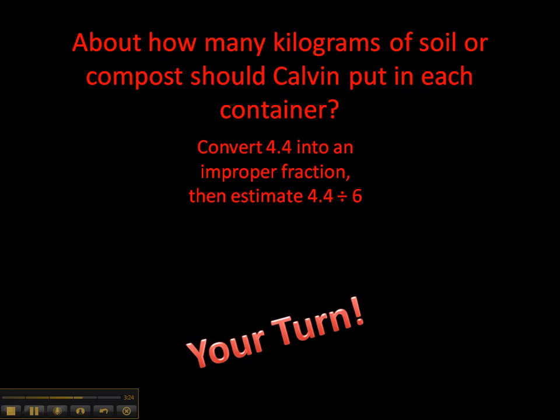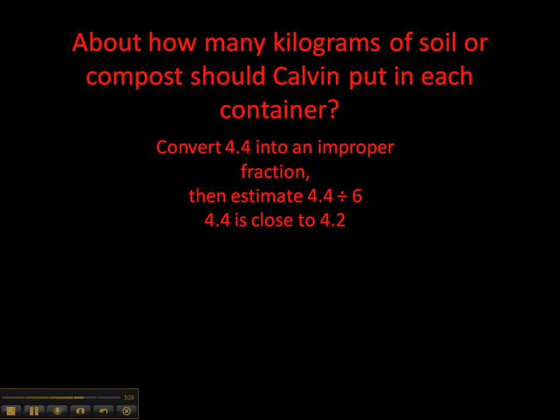Welcome back. Let's see if you got that answer right. 4.4 converted into an improper fraction is close to 4.2, and we'll tell you why we chose 4.2. Hopefully you got 4.2 or a similar number. 4.2 is like 4 wholes, or 10 plus 10 plus 10 plus 10, and 2 tenths. So 0.2 is 2 tenths, so 2.